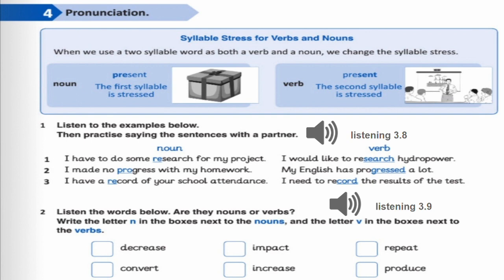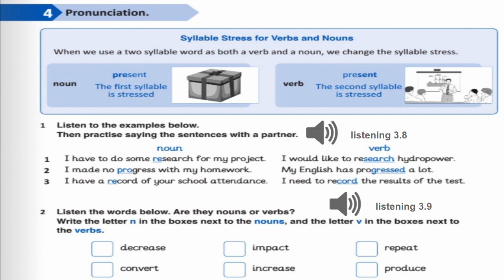Listening 3.9. Decrease, decrease. Impact, impact. Repeat, repeat.